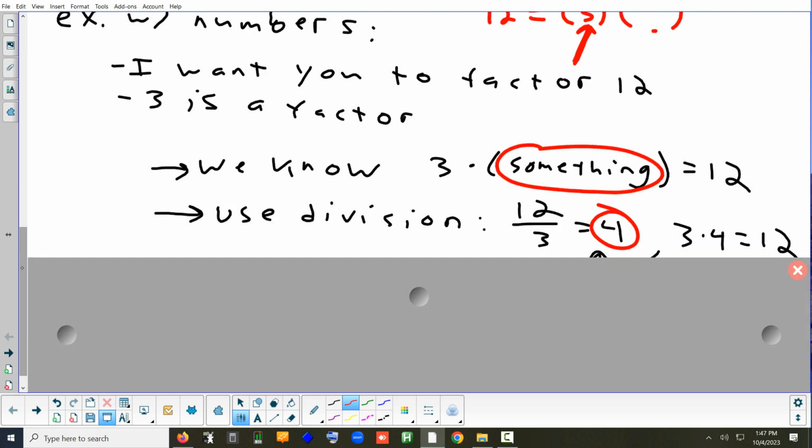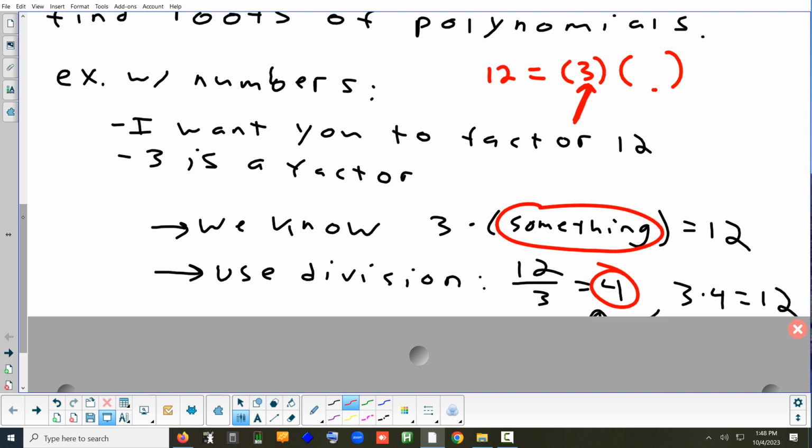Now, notice here I said to you 3 is a factor. I want you to think in terms of a remainder. If I divide 3 into 12, 4 is the quotient. What's the remainder when you divide 3 into 12? None. There is no remainder. What's another factor of 12 besides 3 and 4?